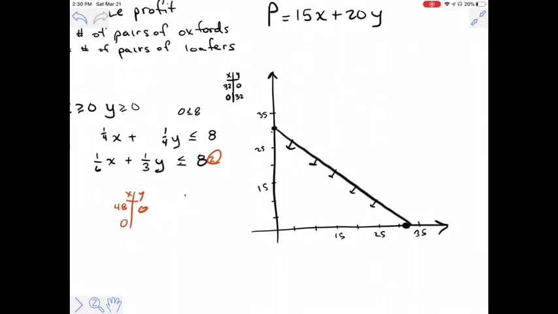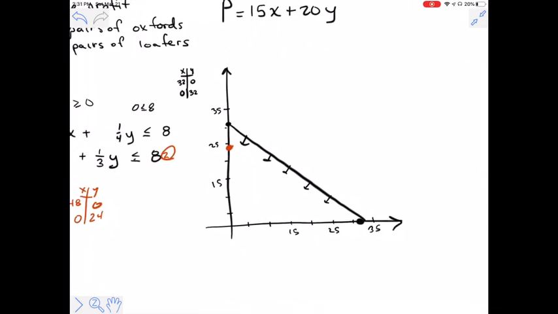If I let x equal 0, then I have 1/3 y equals 8. Multiply both sides by 3, and I get y equals 24. So 0, 24, and then 48 would be out here. It's another solid line.